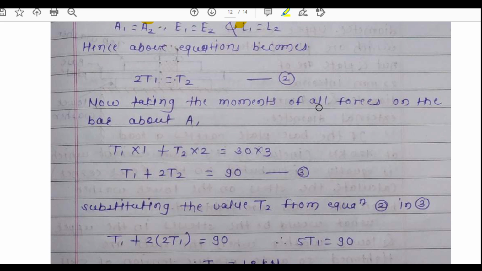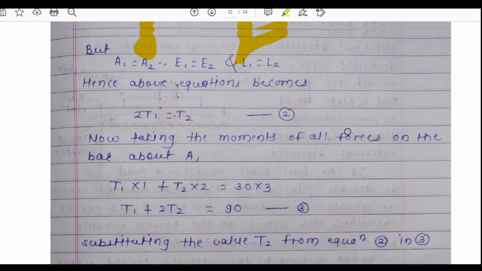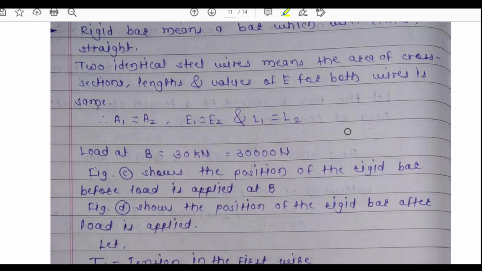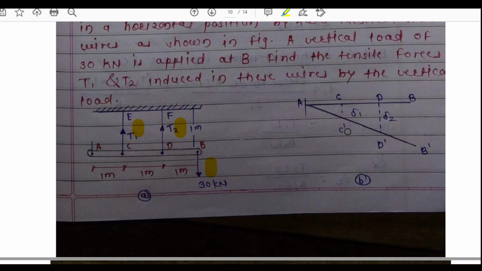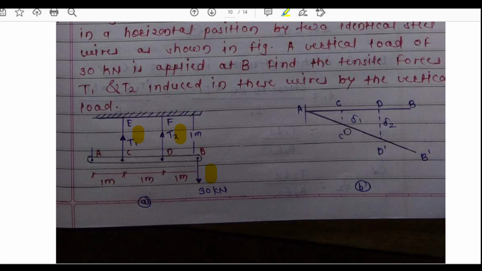Now we have to take the moments of these forces about the bar A. Let us go again to the diagram. Now we'll take the moments. First, here T1 is there and here T2 is there, and here is the force of 30 kilonewtons. Now T1 and T2 will act in the same direction, while that of the 30 kilonewtons will act in the opposite direction.